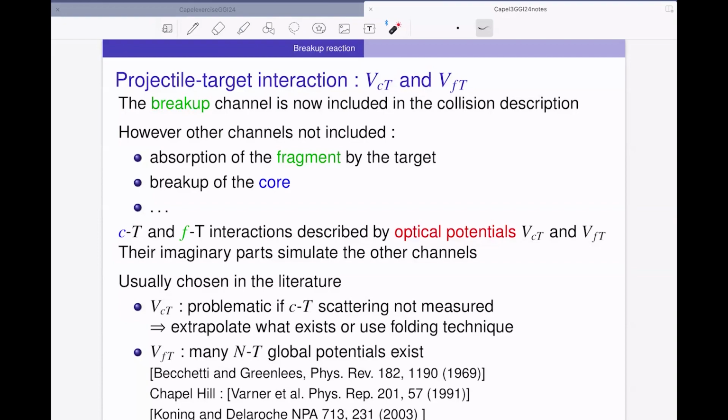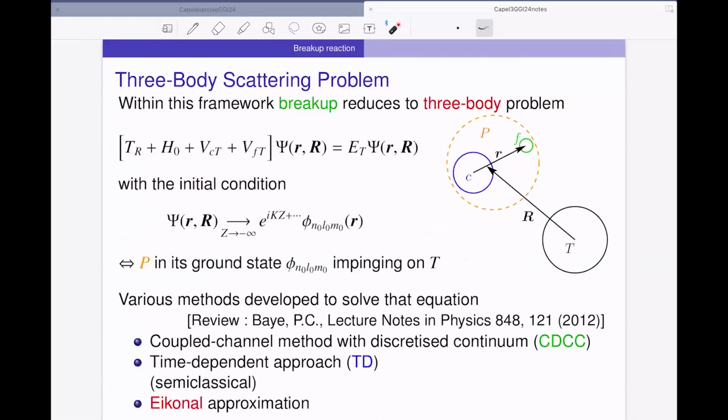So that's why there is this strong endeavor to try to get these optical potentials from first principles. And as I've said before, for a nuclear target interaction, then you have global optical potentials that are more reliable. So you can use Becchetti-Greenlees, Chapel Hill, Koning-Delaroche. These are the options that you have.